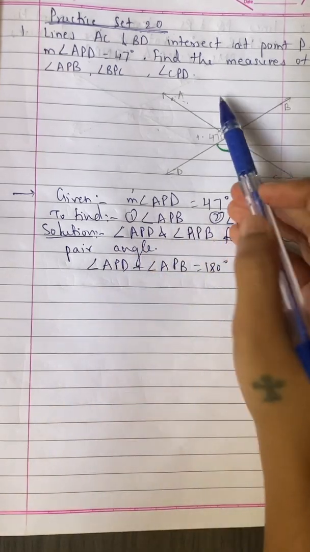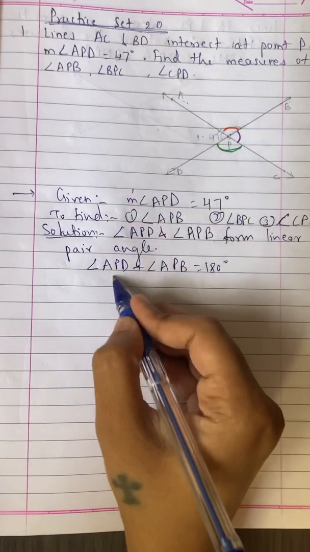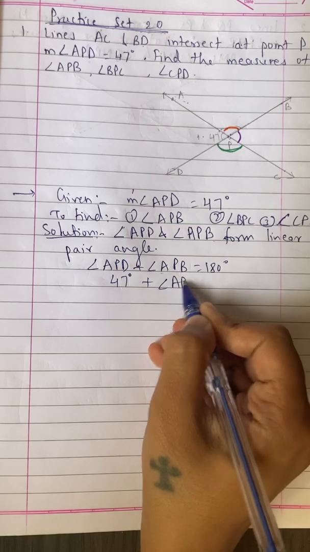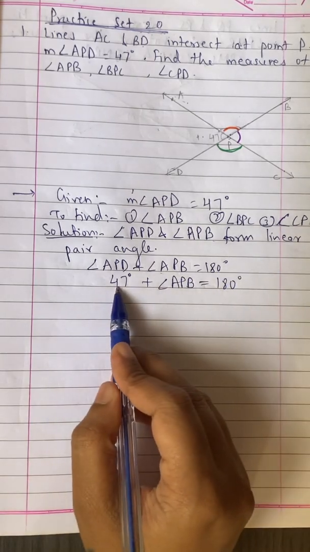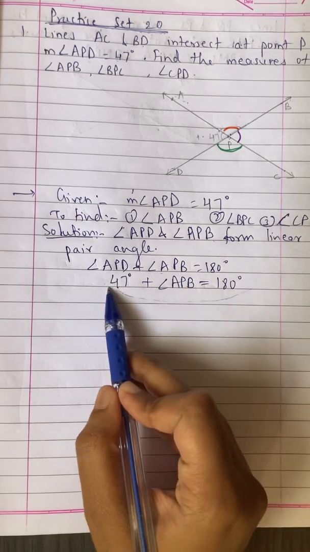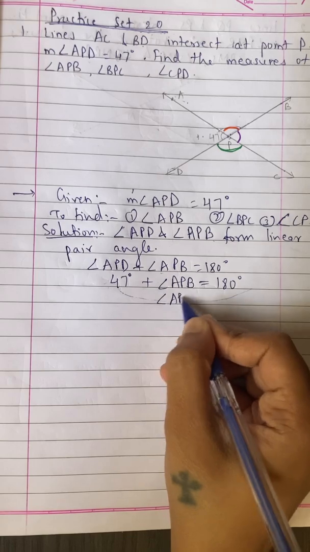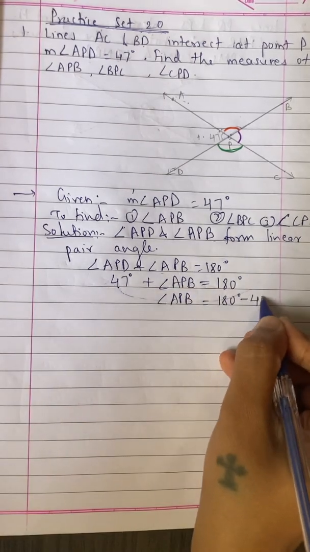Now substitute the values. APD is already given in the diagram and in the question, which is 47 degrees. And APB we don't know, we have to find out, equal to 180 degrees. Write down as it is. Now this 47 will shift to the other side. Here it is plus, when it goes to the other side it will be minus. So write down APB as it is, 180 degrees as it is, and 47 with minus.